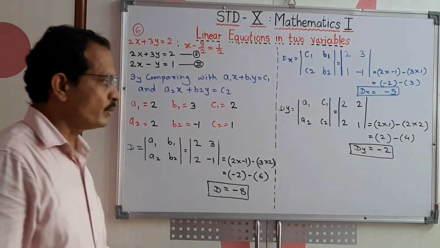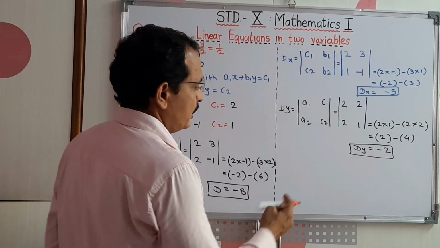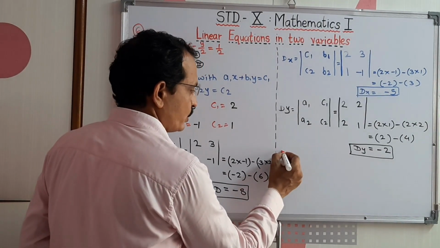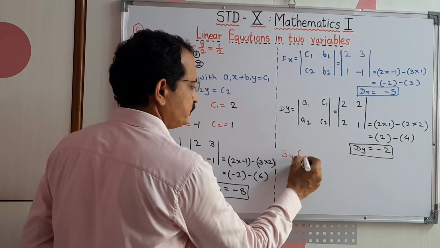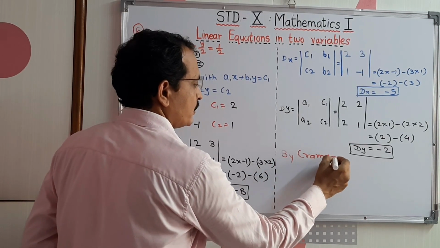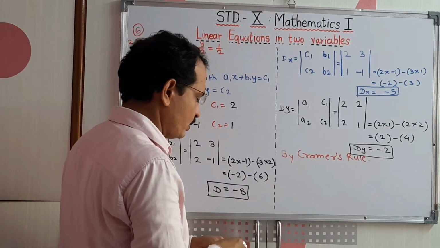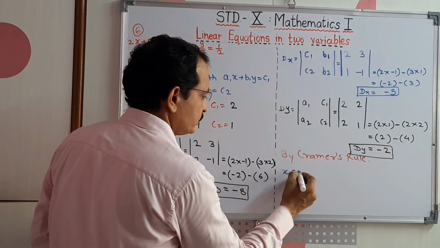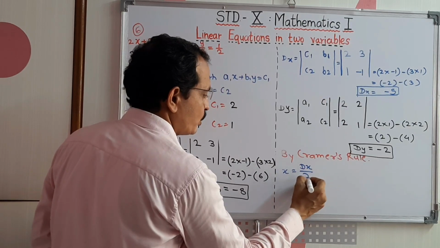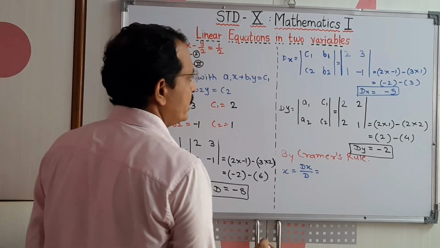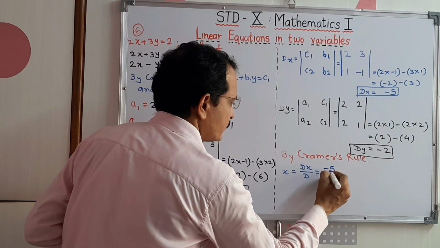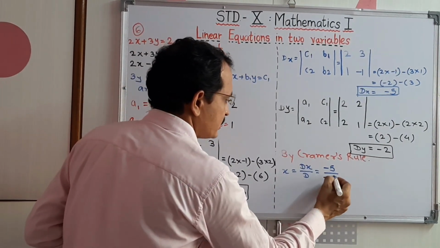Now we have to find out the value of x and y. Therefore we have to write here by Cramer's rule, x is equal to dx upon d. Now dx is minus 5 and d is minus 8.